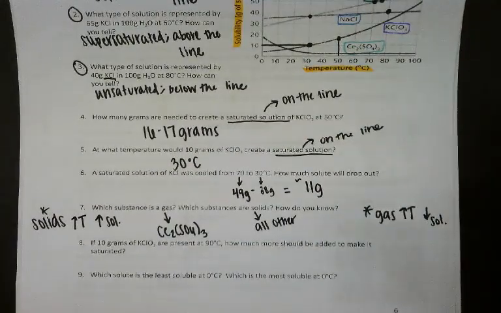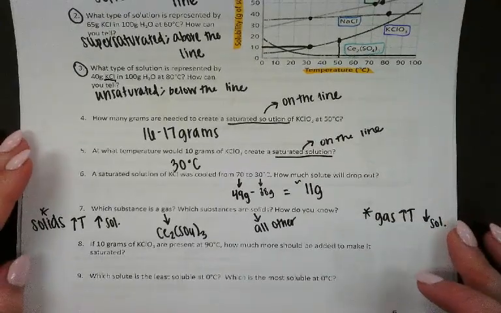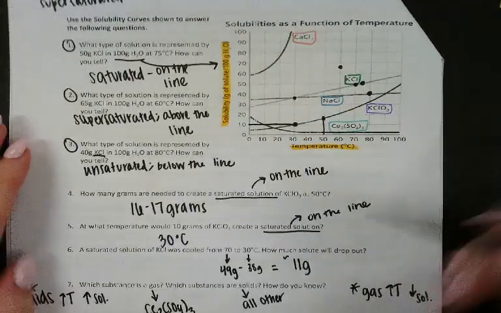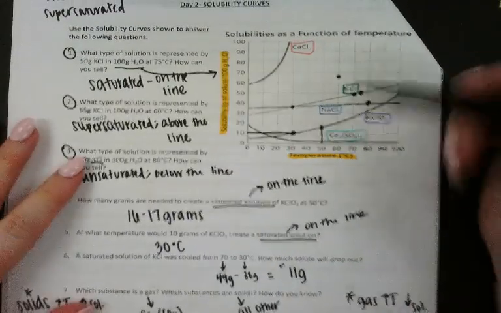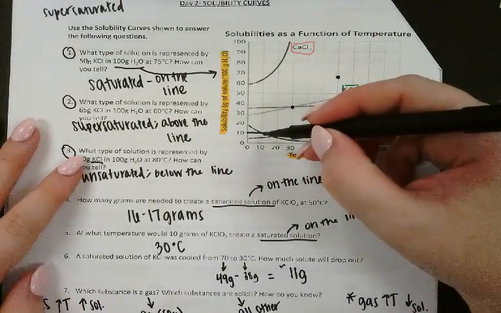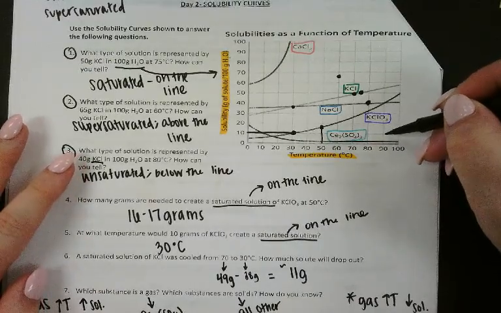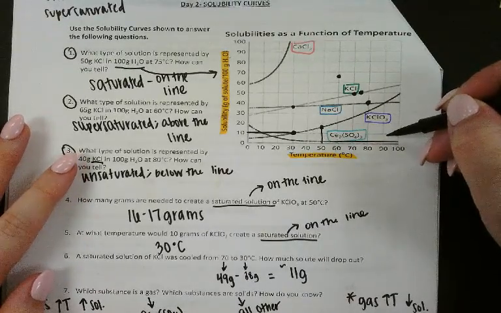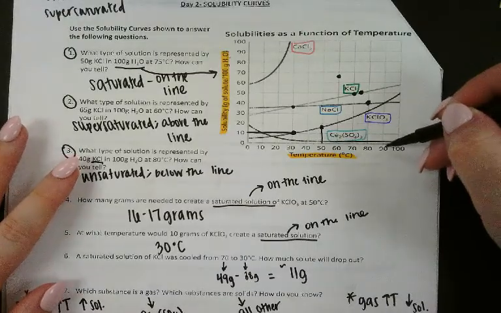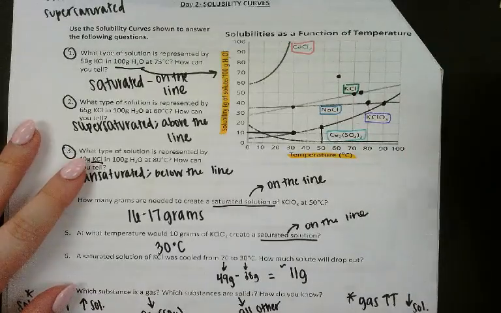Number 8, if 10 grams of KClO3 are present at 90 degrees Celsius, how much more should be added to make it saturated? So, when I'm looking here, it says if 10 grams of KClO3 are present. So I'm at KClO3 and I have 10 grams, and I'm looking at 90. So when I look here, at 90 degrees on my line, it is 40 grams.